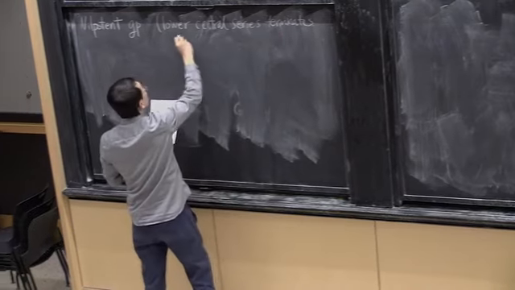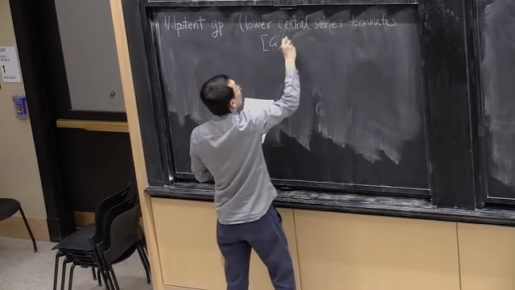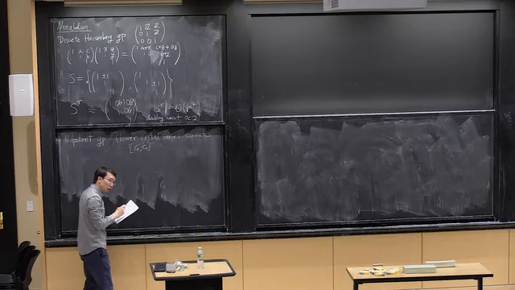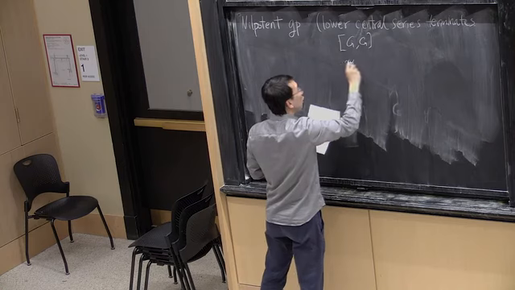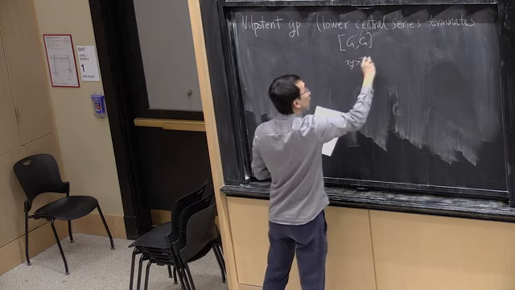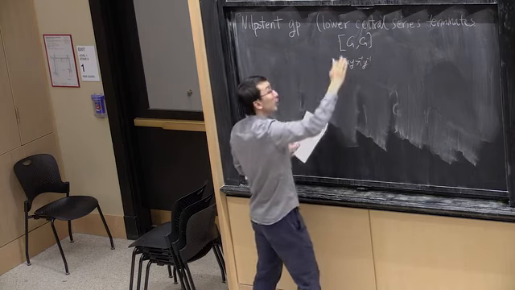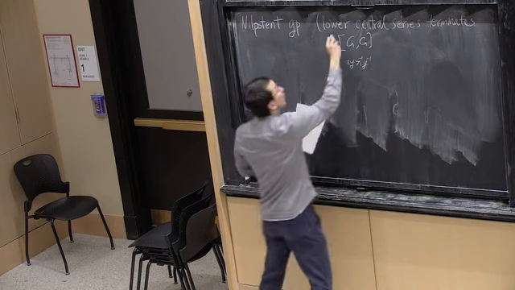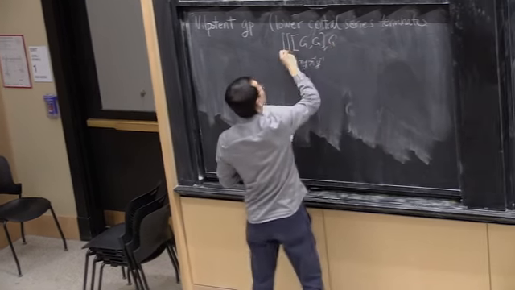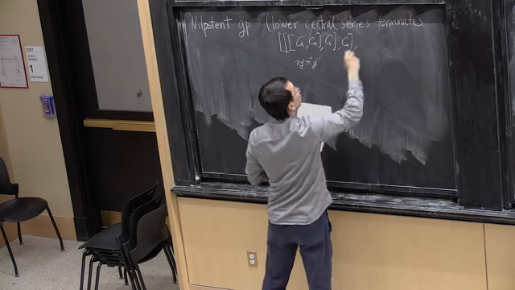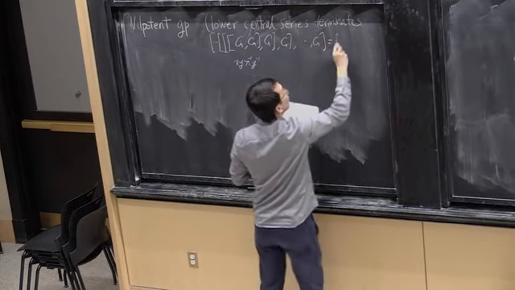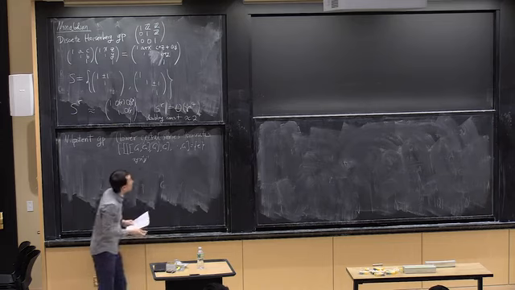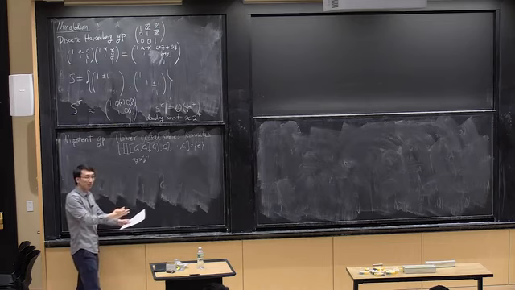In particular, this means that if you look at, okay, so this is the commutator of G. So look at all the elements that can be written as x, y, x inverse, y inverse, a set of elements that can be written this way. So that's a subgroup. And if I repeat this operation enough times, I eventually would get just the identity.